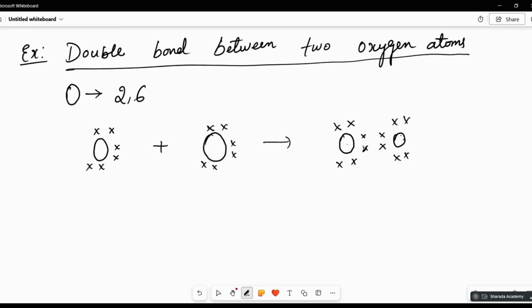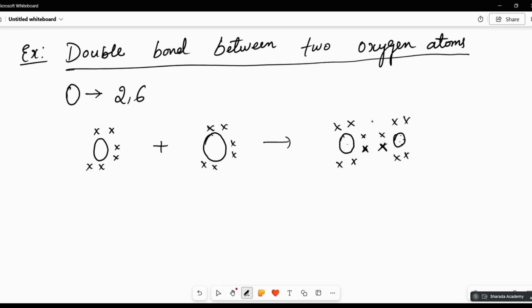And the second electron of the first oxygen revolves around the first one as well as the second one. And the second electron of the second oxygen revolves around the first oxygen as well as the second. So these four, two pairs, revolve around both. So in total, it will have 8 electrons.